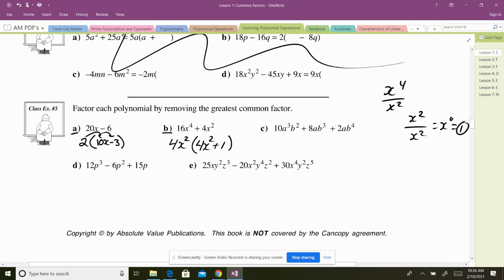C. Look at the numbers. 10, 8, 2. Greatest common factor is 2. a cubed, a. What can I pull out? a. b squared, b cubed, b to the 4.